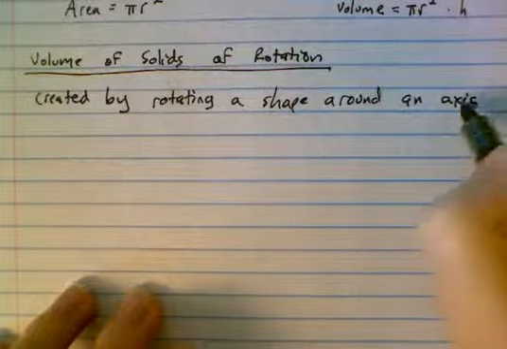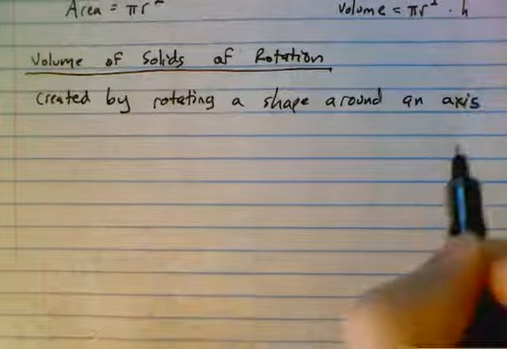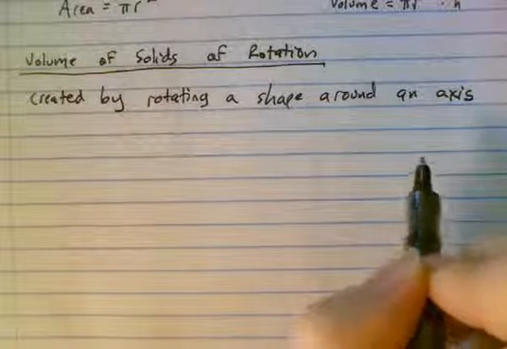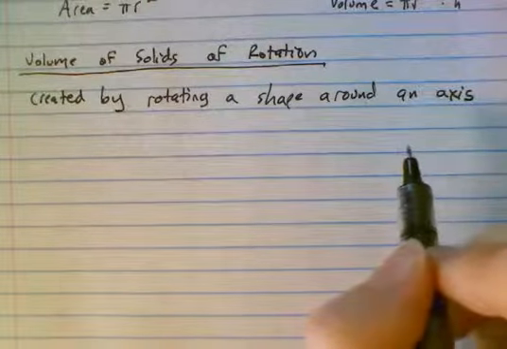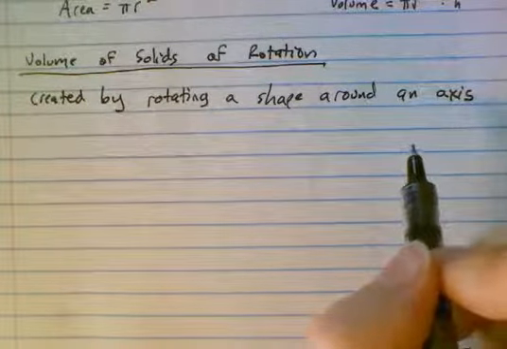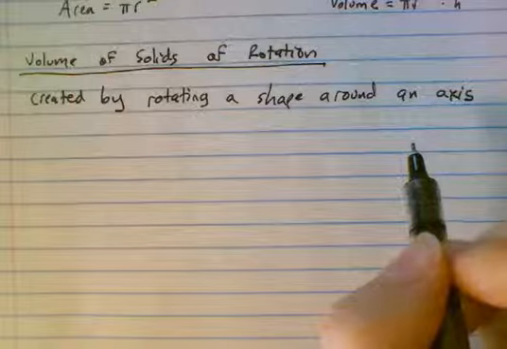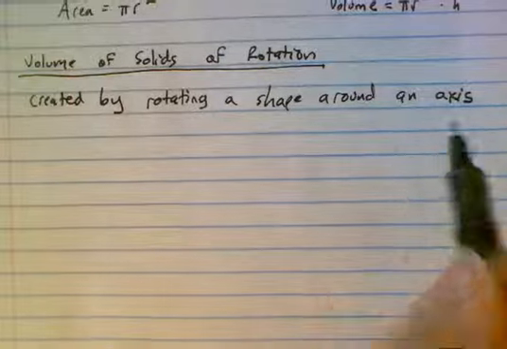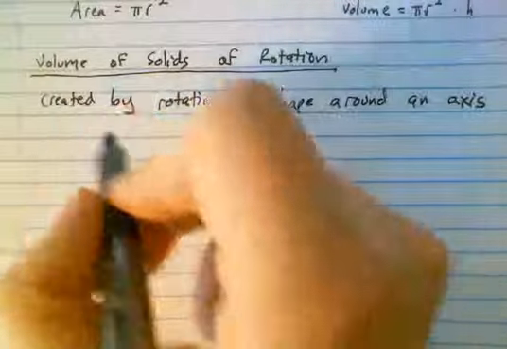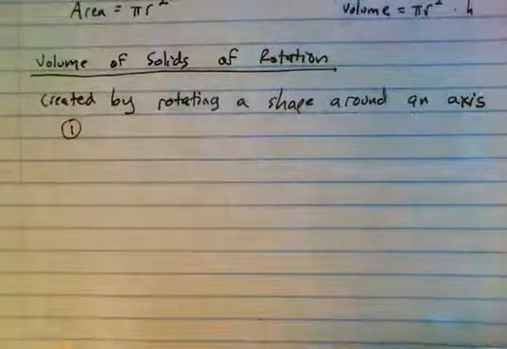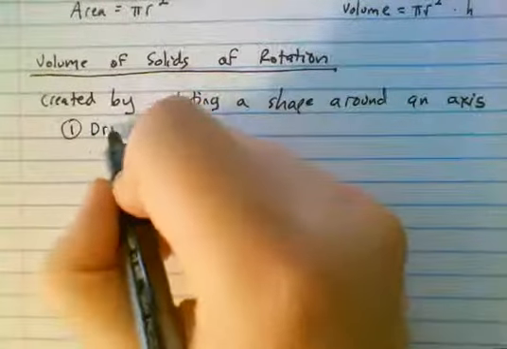These are actually really useful for things like curvy table legs that you'll see, where they're the same if you rotate them all the way around. It's actually something that's used in manufacturing a decent amount. It's a pretty useful thing to be able to find the volume of, just because solids of rotation exist in a lot of places.